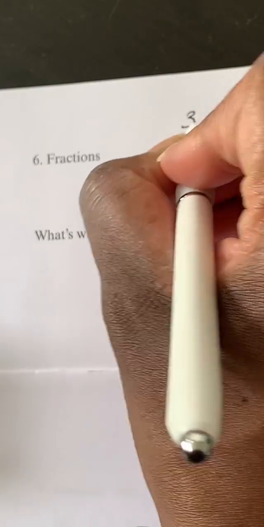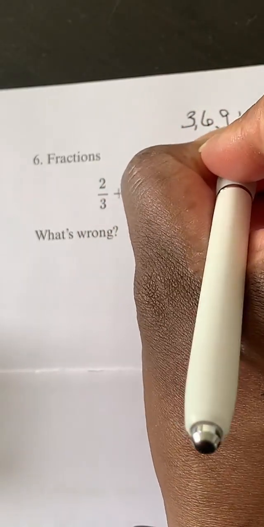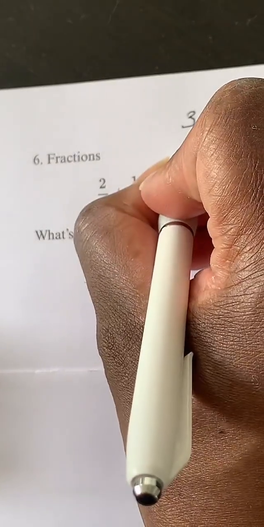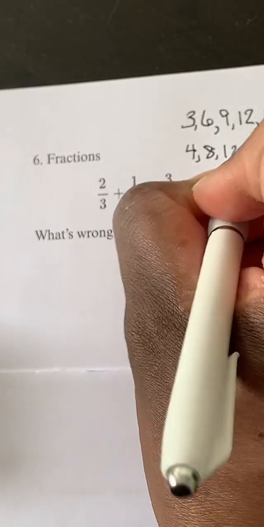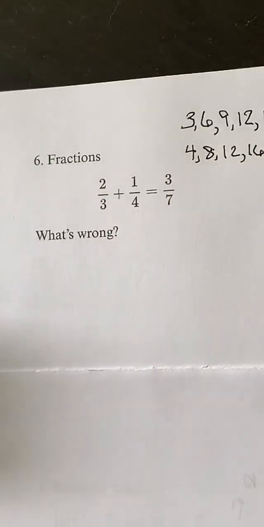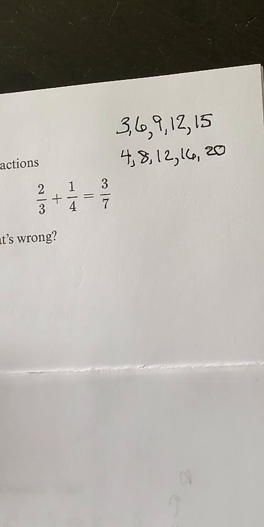So we have 3, 6, 9, 12, 15. I'm going to stop right there. 4 times table, we have 4, 8, 12, 16, 20. I'm going to stop right there. Now, we need to know what is called the LCM, the least common multiple.